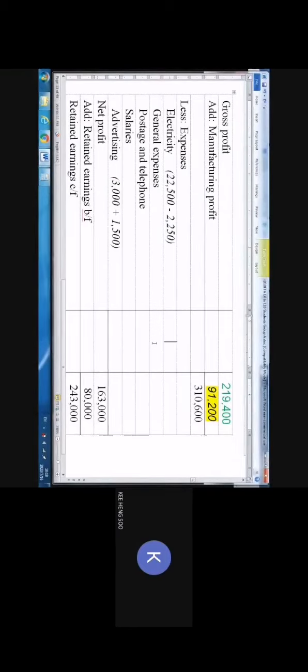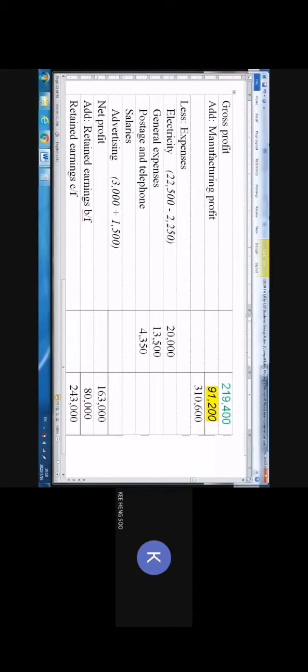The figure you can fill out yourself. This one should be 20,000. Then general expenses according to the question. Read the question. General expenses 13,500. Postage 4,350.